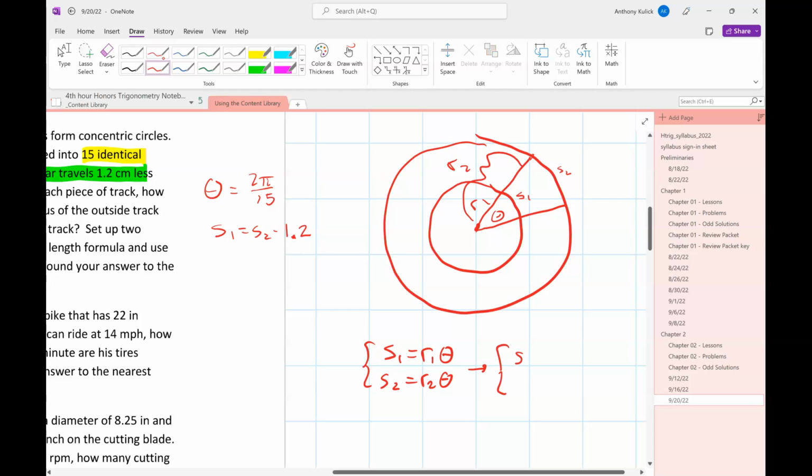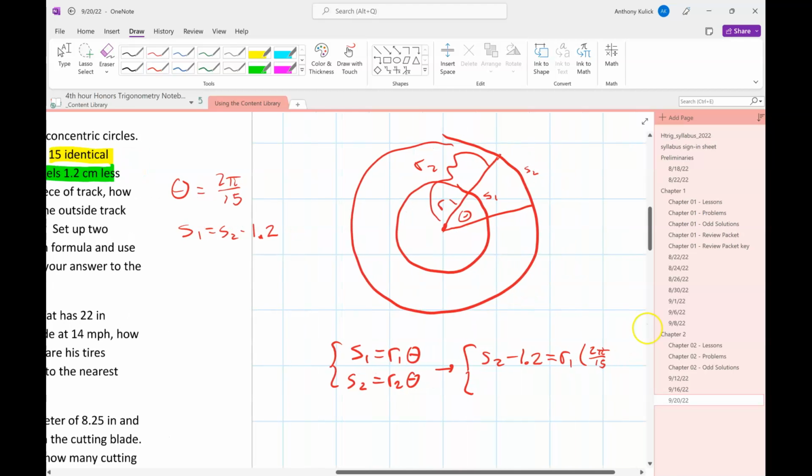So we have S2 minus 1.2 equals R1 times 2 pi over 15. And then S2 is equal to R2 times 2 pi divided by 15. How am I doing now? How many variables do I have? 3.